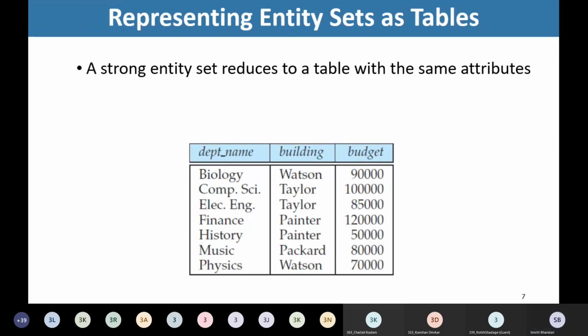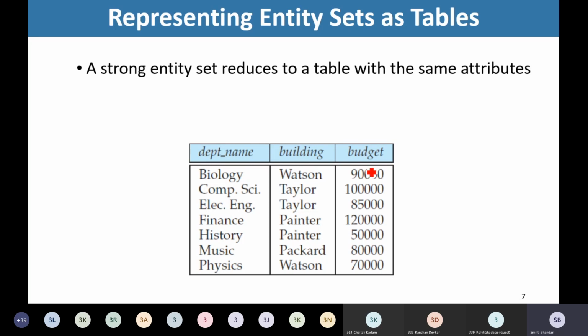This is one of the examples, right? So, we had one of our strong entity sets in our ER diagram, and that was the department, right? And the department entity set was having 3 attributes. So whenever I convert that entity set into a tabular form, then I am having such kind of a table. So department entity set had 3 attributes: department name, building and budget.